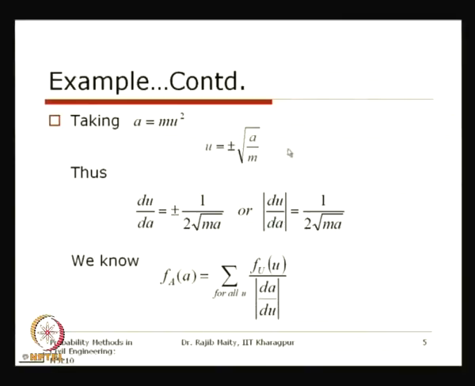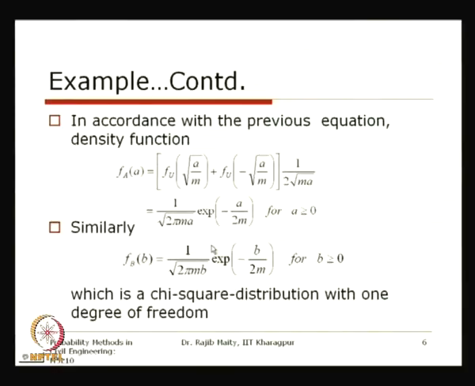Here there are two roots, and we also know the distribution of u, which is the standard normal distribution. So, if we put the standard normal distribution in place of the distribution of u, we get f_A(a) as the sum for the first root, the positive square root of a by m, and the second root, the negative of that square root of a by m, multiplied by the Jacobian 1 by 2 square root of m a.